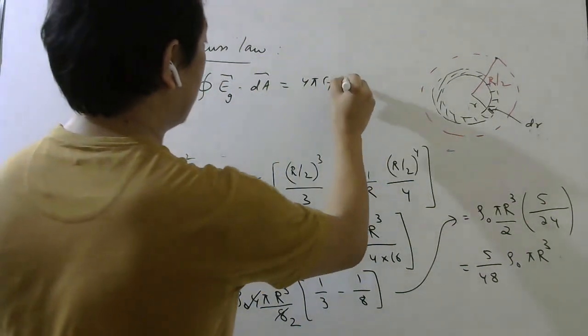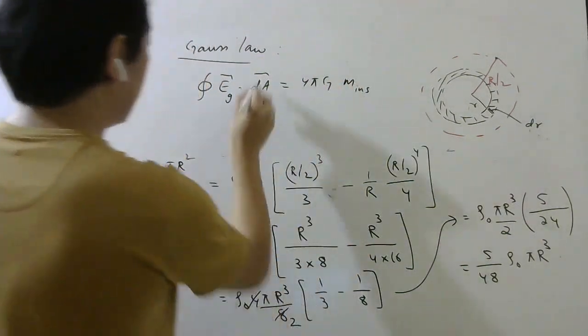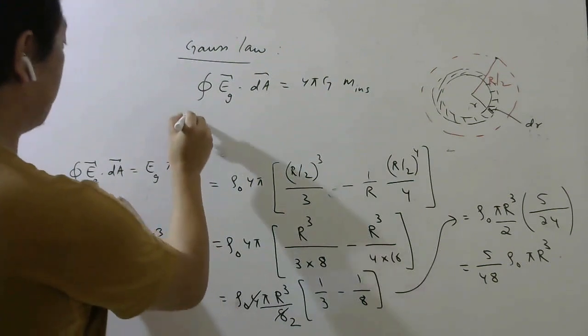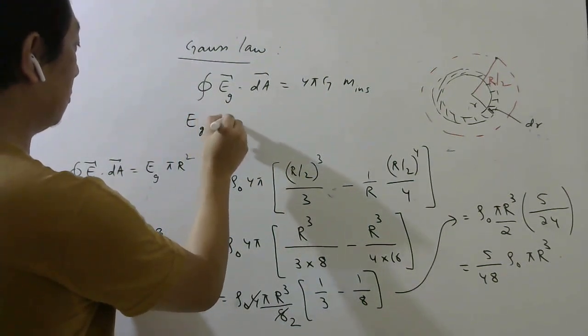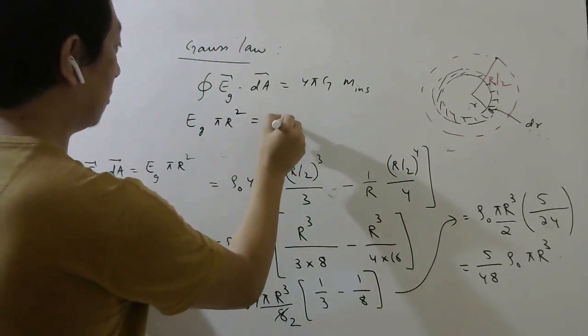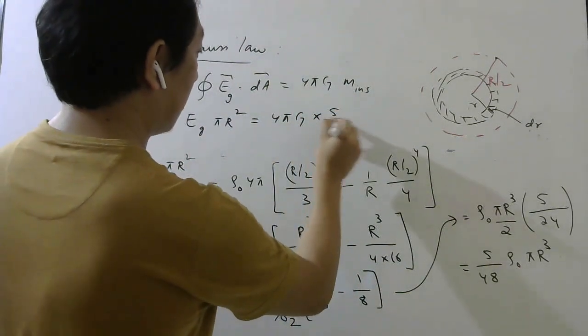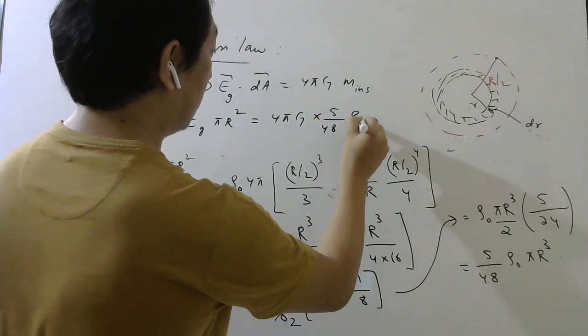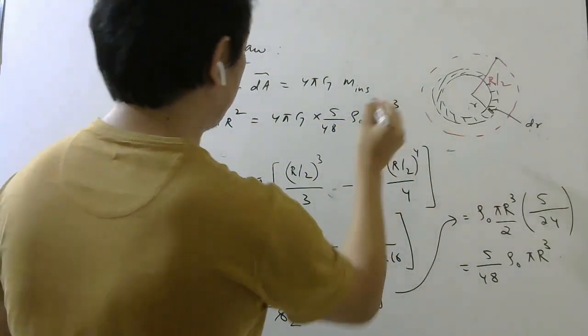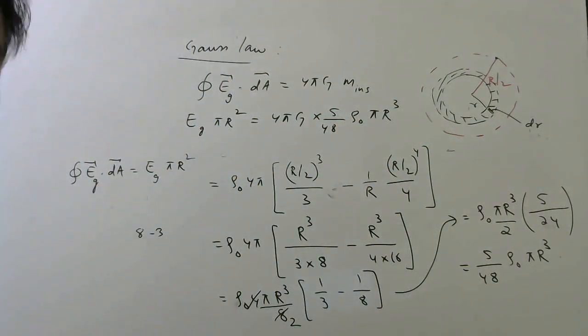So 4 pi G into mass inside. So this magnitude we got Eg into 4 pi r square equal to 4 pi G, and mass inside is 5 by 48 rho naught pi r cube, right?